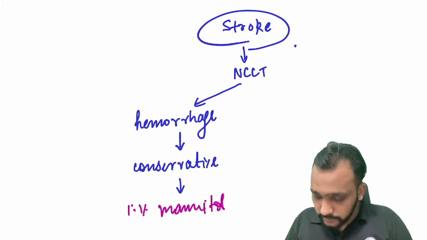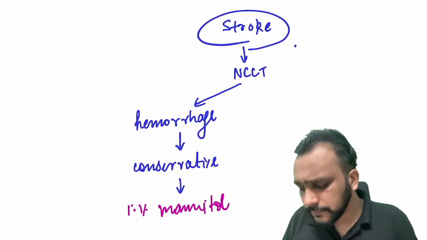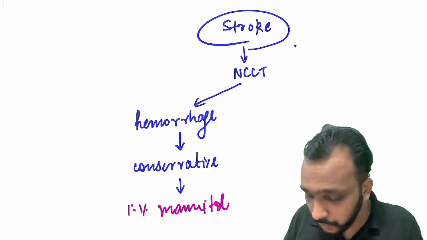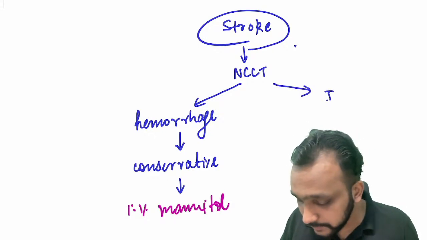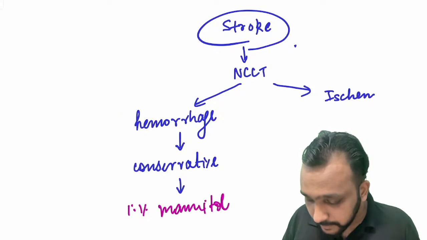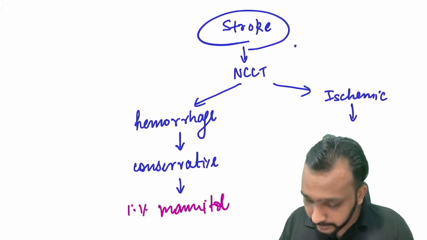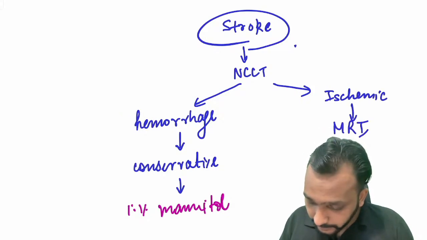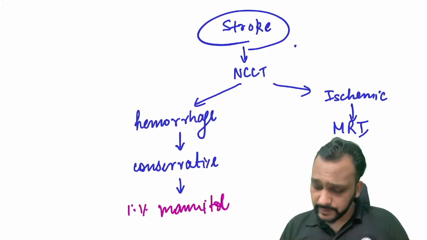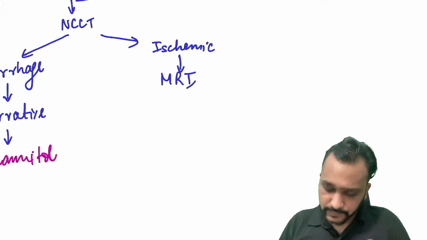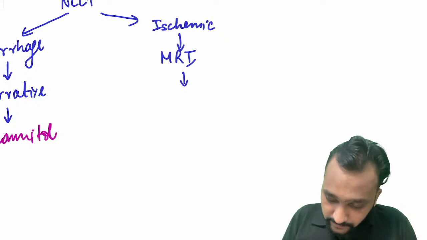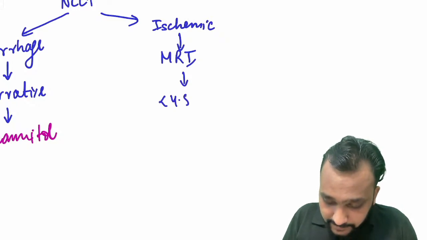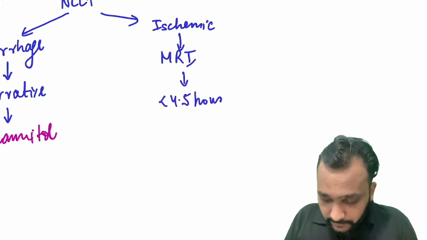Okay, so this was your hemorrhagic stroke. Now if we have ischemic stroke, right, we will do an MRI.